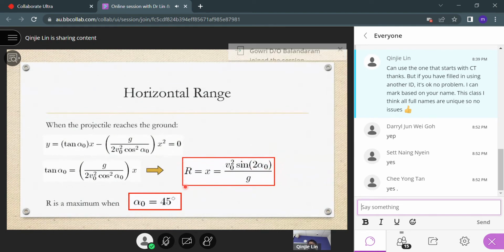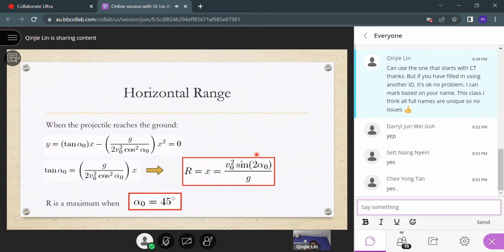And from this equation, something interesting that you can see is there's a sine 2 alpha naught here. This alpha naught is the angle that you throw, right? So this R is a maximum value when this is 90 degrees, correct? Because you know sine 0 is 0, sine 90 degrees is 1, right?